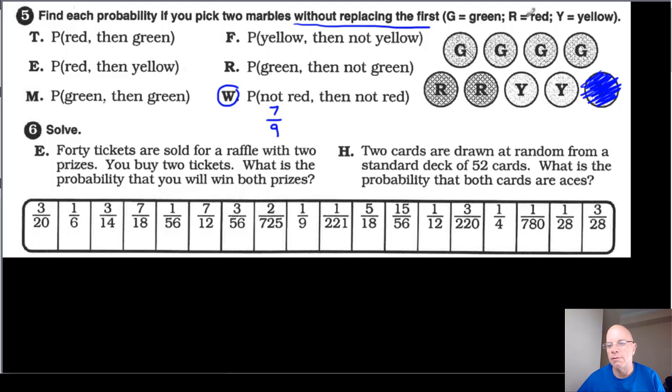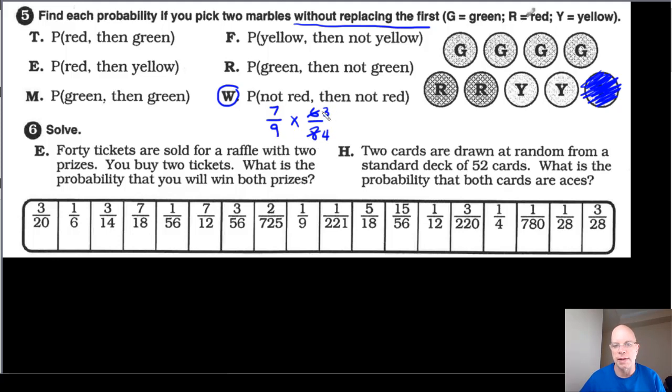And so now I don't have 7 marbles that are not red, now I have 4 plus 2, or 6. And not only that, there are no longer 9 marbles to choose from, now there are 8. And so you see that probability changes for dependent events. I can simplify 6/8 to 3/4 right away because both 6 and 8 have a common factor of 2.